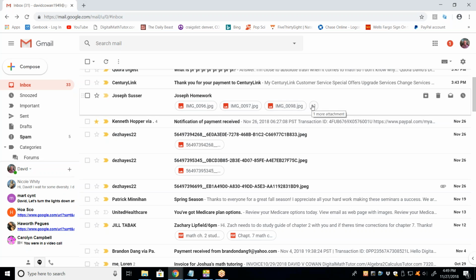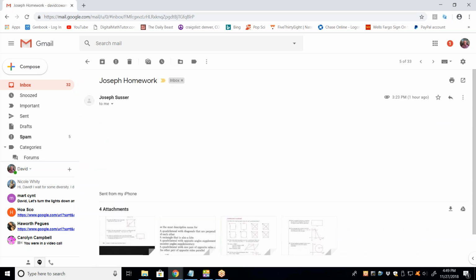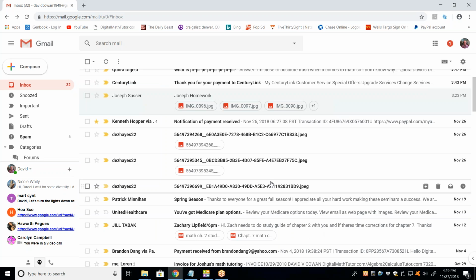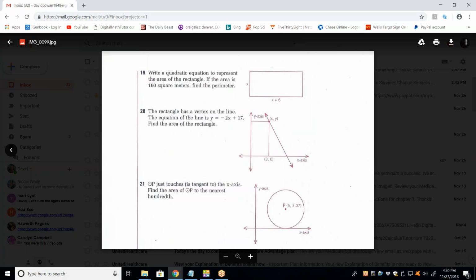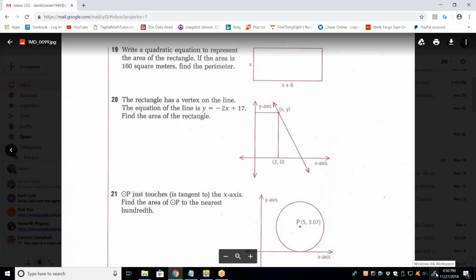If you click on the image 0098, there's a black arrow on the right. Then if you just click on it, there's another page. Oh, that's weird. So anything greater than 3 shows up like that?